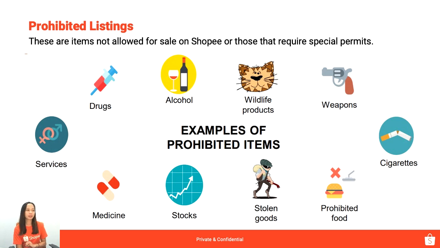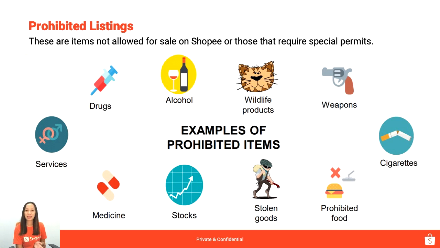Next is weapons. So, hindi po tayo nag-allow ng weapons. For cigarettes, meron din po tayo mga special whitelisted sellers lang na pwede magbenta ng cigarettes sa platform. We also have some prohibited food, especially yung mga hindi ina-allow ng FDA. Stolen goods, of course. Stocks. So, hindi naman siya magbenta sa platform.